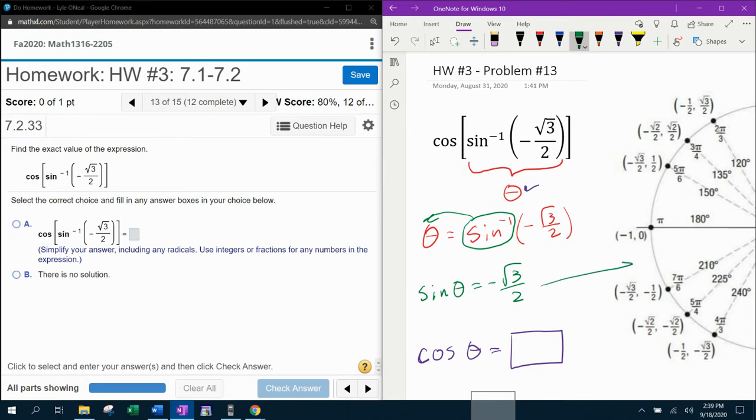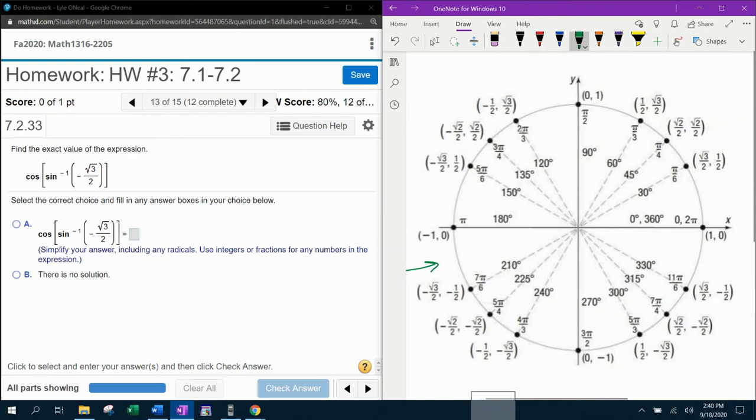Then, to the unit circle, we're looking for an angle theta such that the y-coordinate is negative square root of 3 over 2. Remember, sine in the unit circle is y, so that's why I said y. Also remember that for inverse sine, you are restricted to angles from negative pi over 2 to pi over 2.